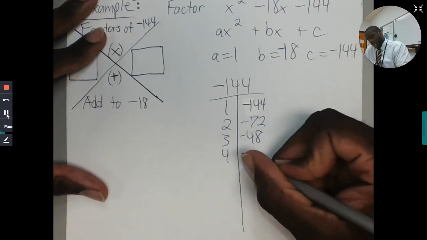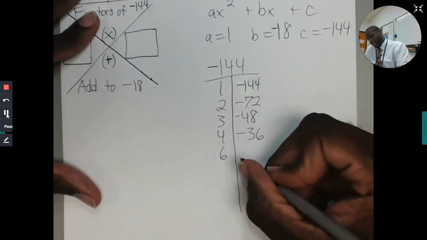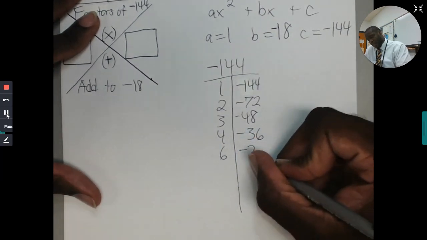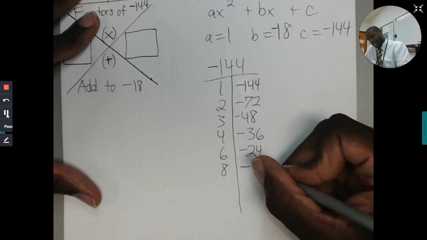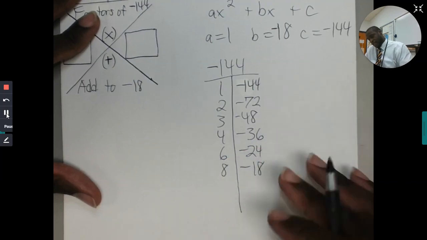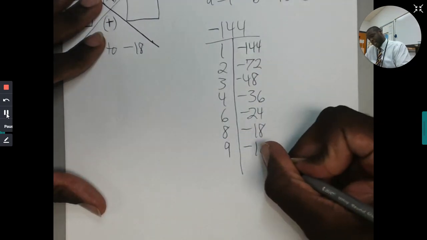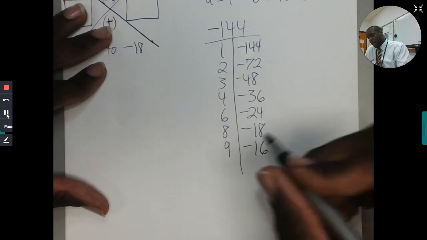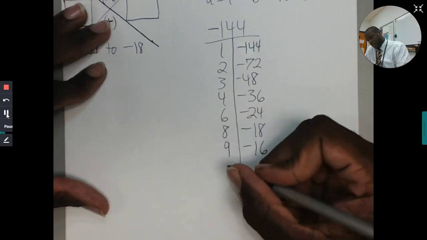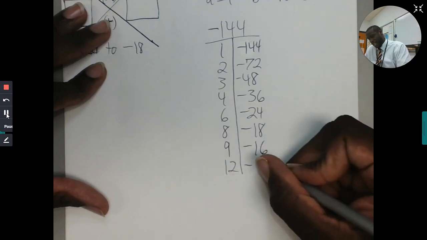We've got 4 times negative 36. We've got 6 times negative 24. We've got 8 times negative 18. We've got 9 times negative 16. And we have 12 times negative 12.